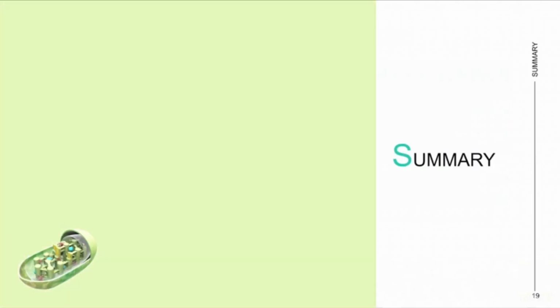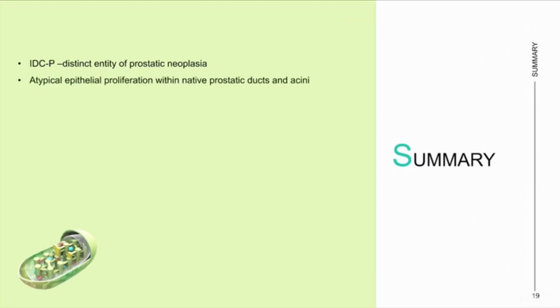So coming to the summary of today's lecture, intraductal carcinoma prostate is a distinct entity of prostatic neoplasia. Some people debate it is an in situ lesion, but others think it is just an intraductal extension.